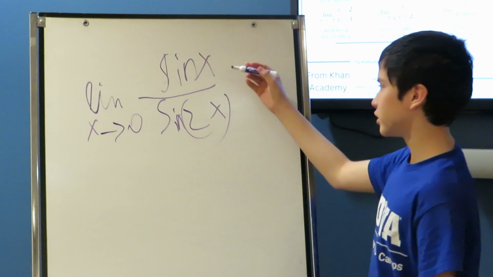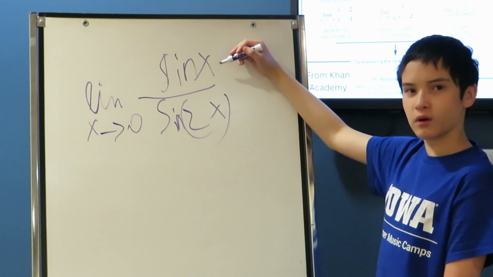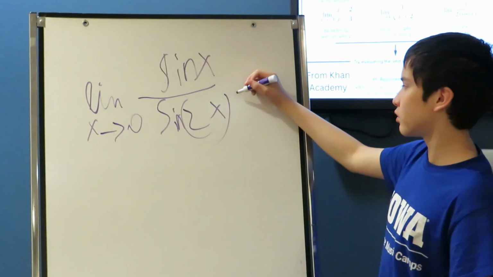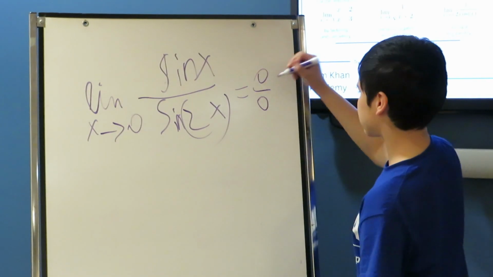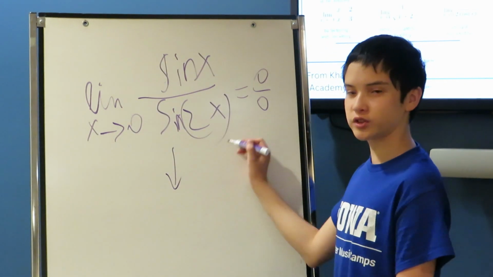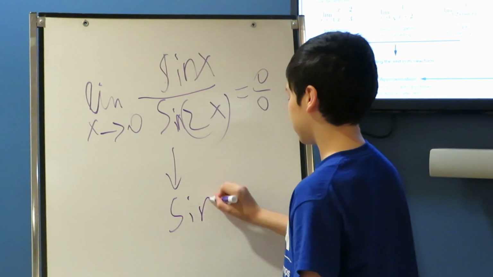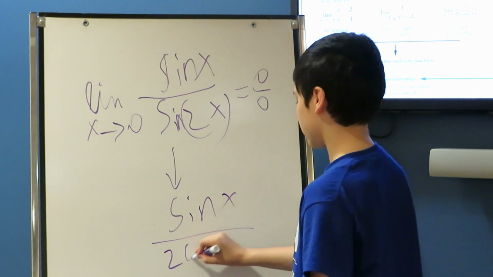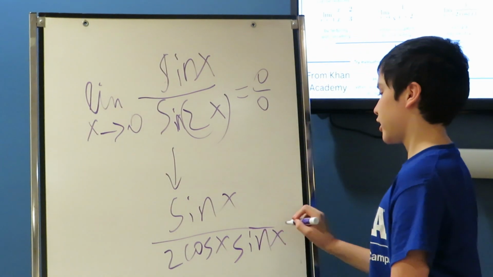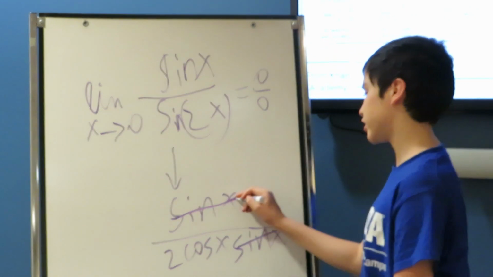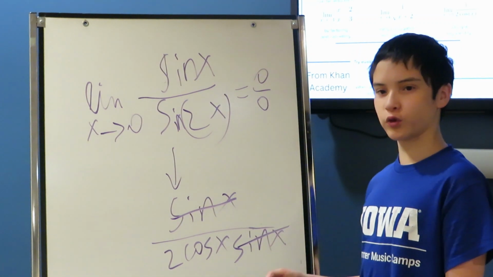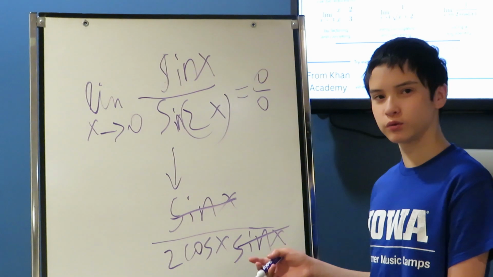Now, obviously, these two values are sine of 0, but sine of 0 is 0. So therefore we get 0 over 0. Now we can simplify this by using the double angle identity for sine. And we can cross out the sines, and we get 1 over 2 cosine x. Now if you substitute in 0 for x, you get 1 over 2.